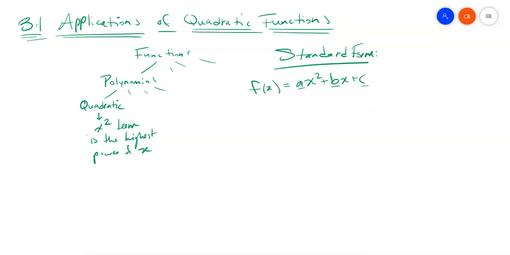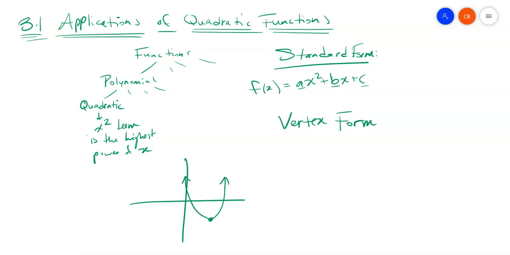quadratic formula. And then there's another form that's highly useful for graphing, because the graph of a parabola has some features that are notable. It has a feature that's called the vertex, and that's the point from which we get these branches over here.